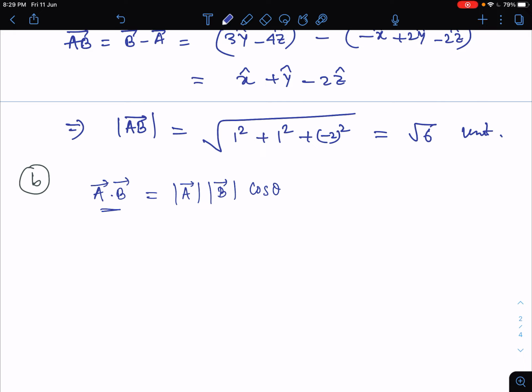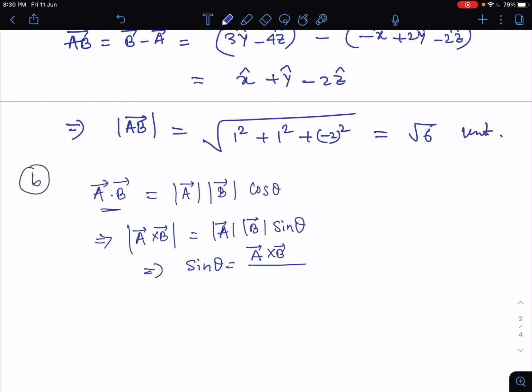Another way, you can also determine the angle by taking the cross product of A and B. Since the cross product is a vector, you have to take the mod of that, which is mod A mod B sin theta. So sin theta is the mod of A cross B by mod A mod B.